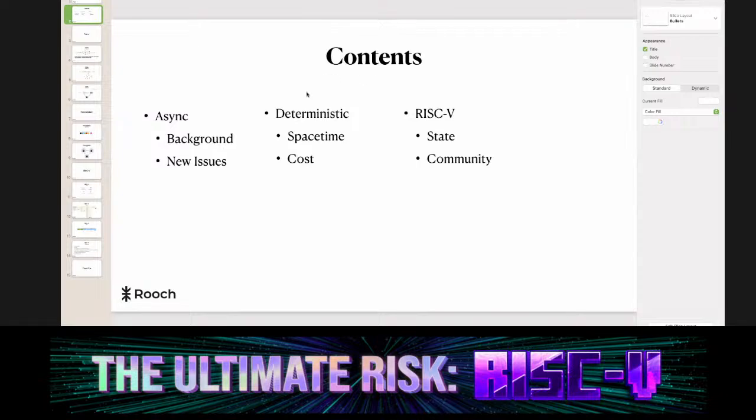In the first topic, I want to show the background of the async issues in blockchain world, and after reviewing that, we will find another new issues we have to fix.